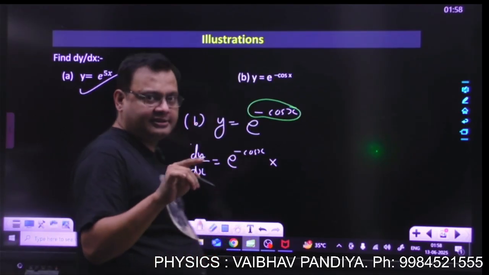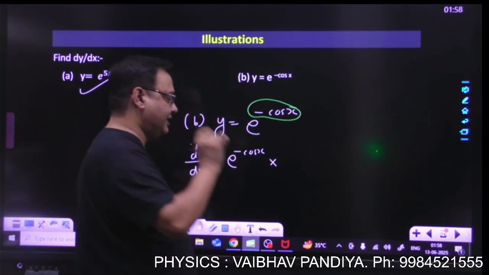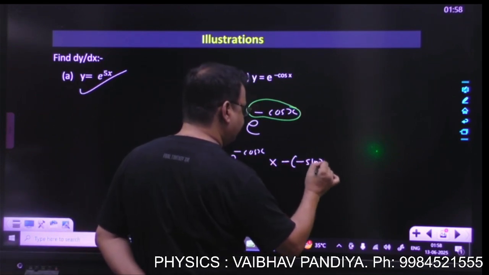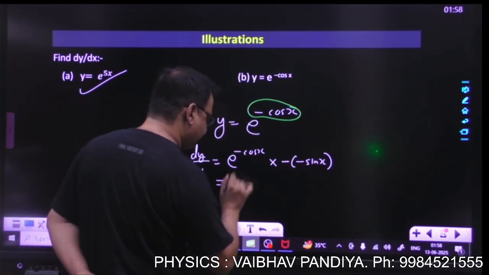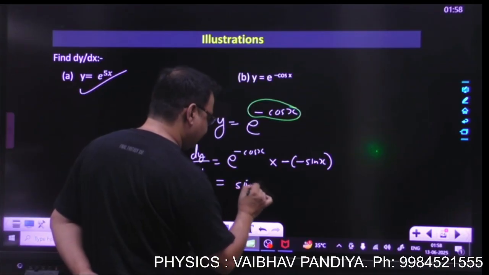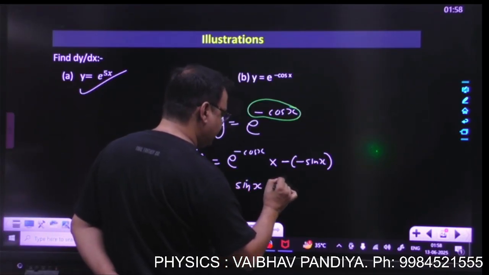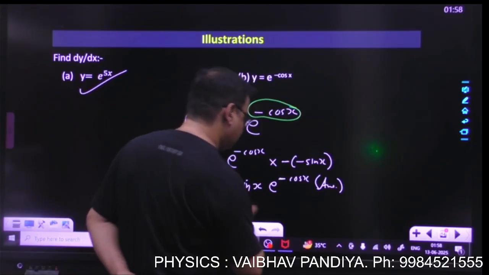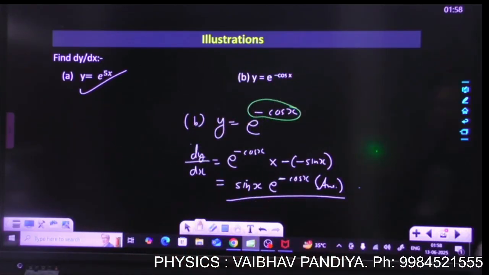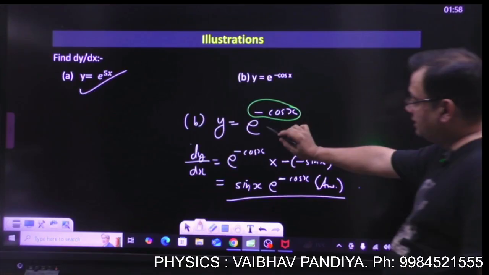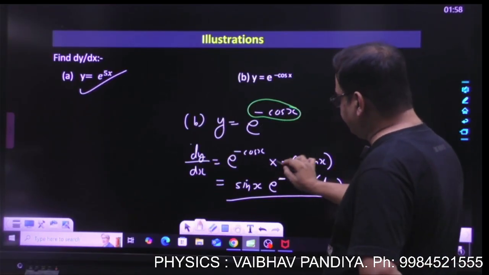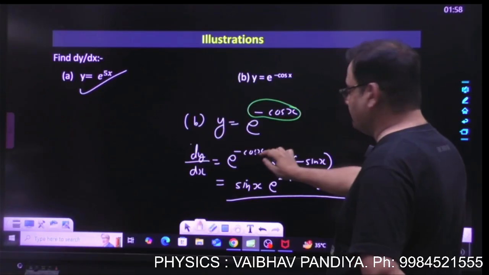So cos x has a derivative of minus sin x, and one minus is already there, so your answer will be minus into minus will be plus sin x multiplied by e index cos x. That is your answer. Got it? See, whatever you are doing, you are simply writing e power of the same thing. Then you are differentiating the power. Power means the argument.